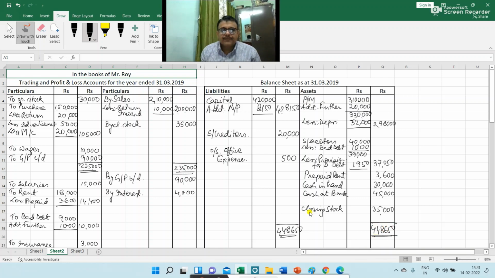The items on the liability side are capital 4,28,150, creditors 20,000, outstanding office expense 500, and on the asset side we have plant and machinery 2,98,000, sundry debtors 37,050, prepaid rent 3,600, cash in hand 30,000, cash at bank 45,000, and closing stock 35,000.